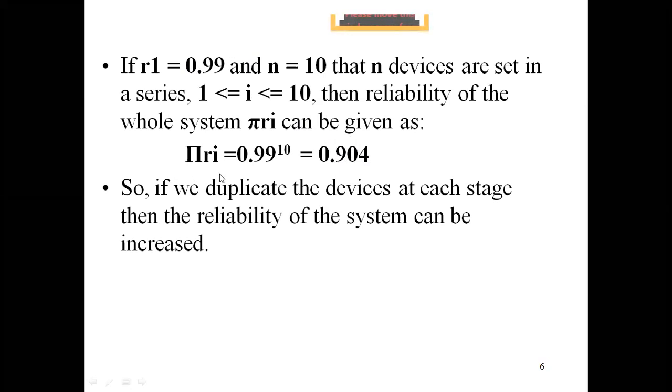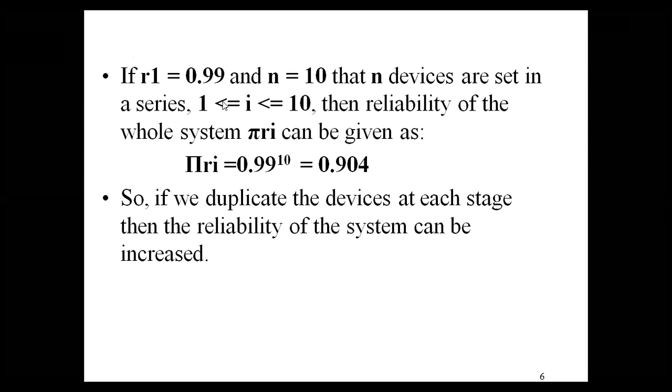We are multiplying 0.99 10 times, so 0.904. Now 0.904, this is the reliability of the entire system.